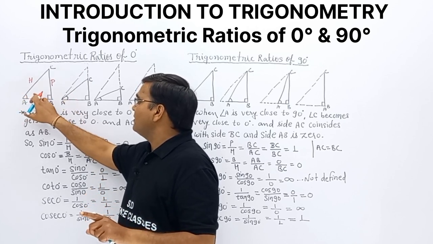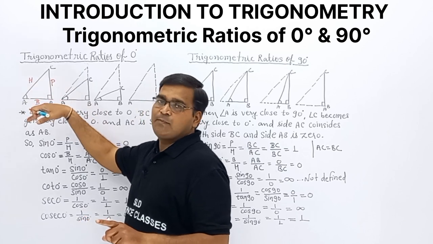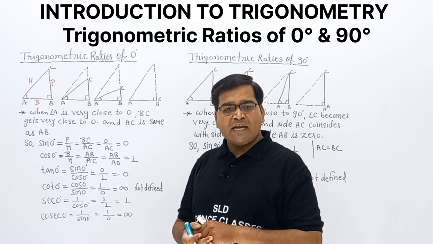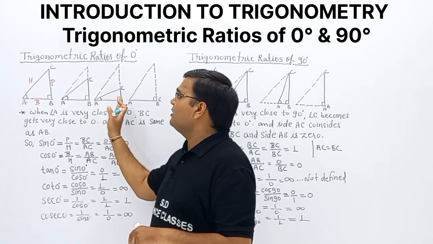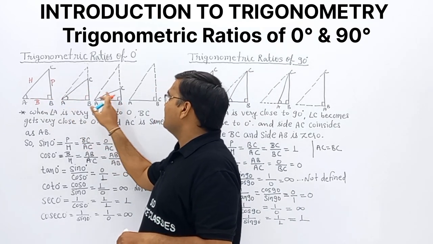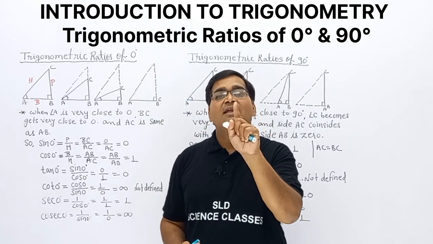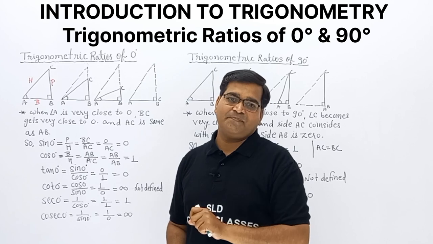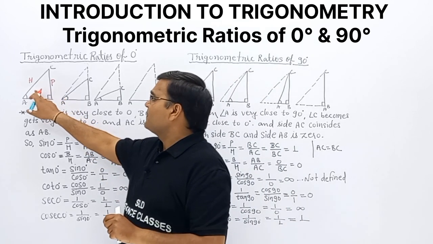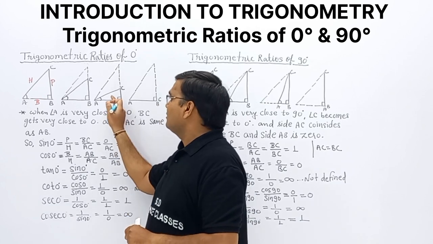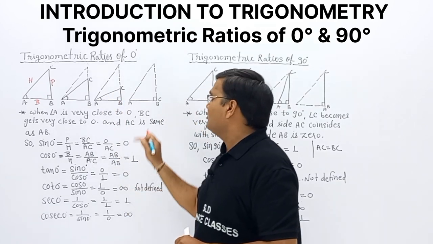It is an acute angle below 90 degrees, and in all diagrams my acute angle A is reducing. Suppose this is 50 degrees, then I reduce to 40 degrees, then 25 degrees, then 0.